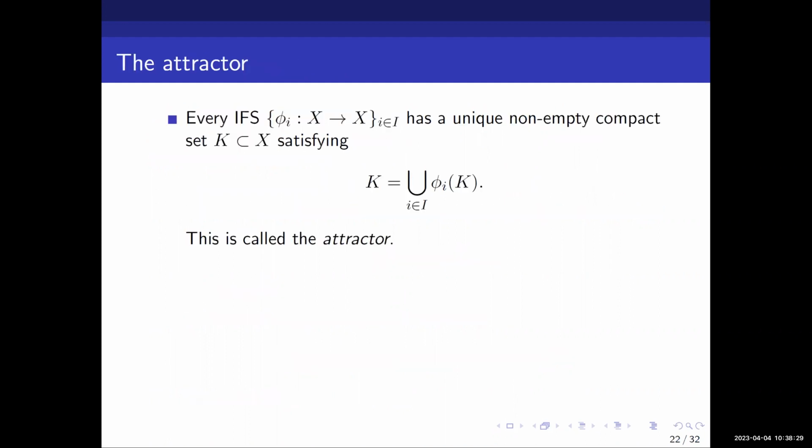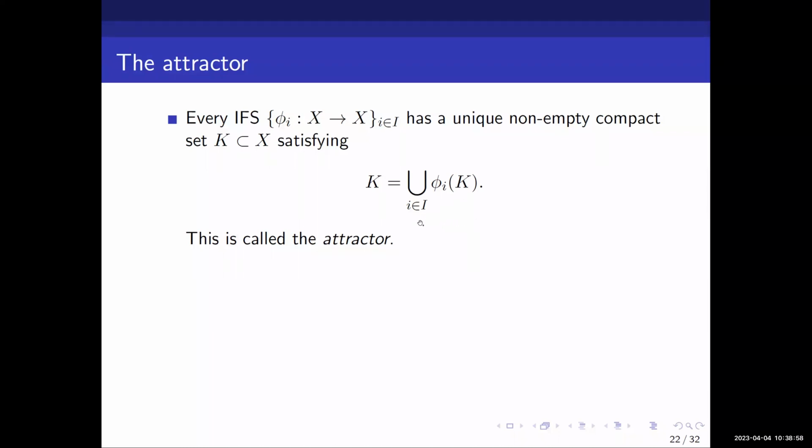Okay, so every iterated function system has a unique attractor. This is some sort of self-similarity condition. You can prove this just using some fixed point theorem. You can show that your maps, since they're all contracting maps, are also going to contract the Hausdorff distance.